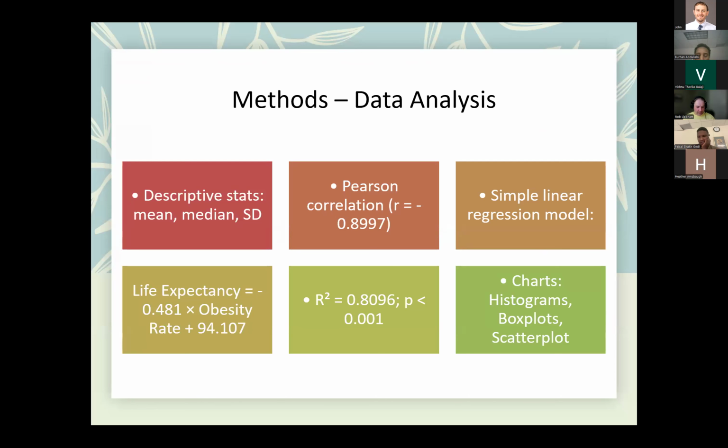And the third one was linear regression, to create a model that shows how much life expectancy drops when obesity increases. As you can see in the equation right here, it means that if obesity goes up by 1%, life expectancy goes down by about 0.48 years.